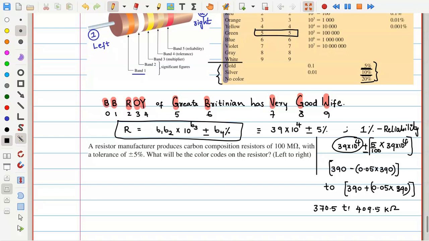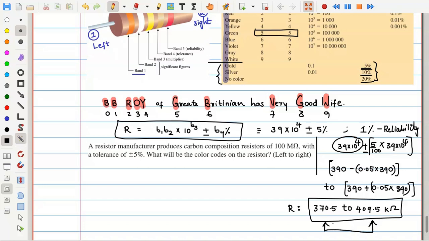So 370.5. That means your resistance value will not be a fixed value. If I measure right now, I may get 380 kilo ohm. Then after some time if you measure, it may give 390 kilo ohm. But ultimately, this value will definitely be within this range.